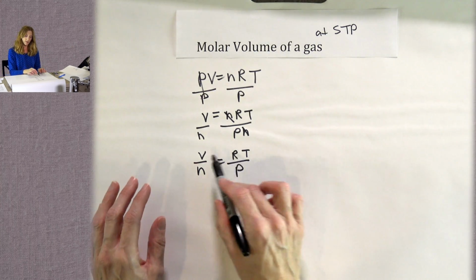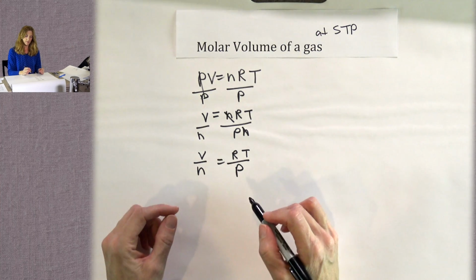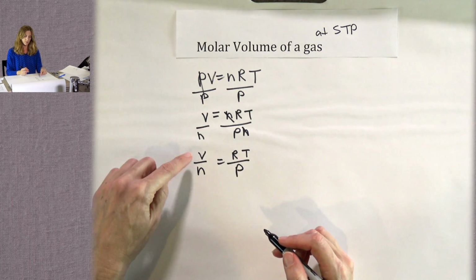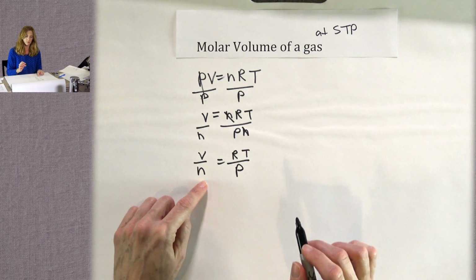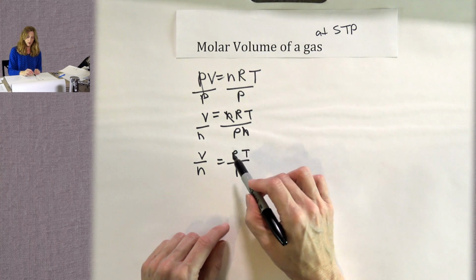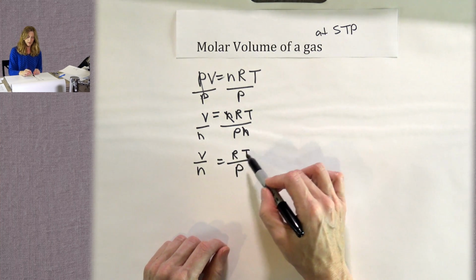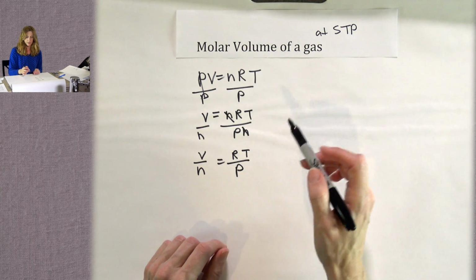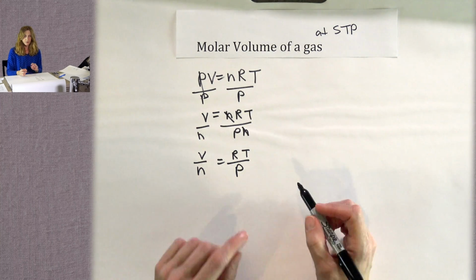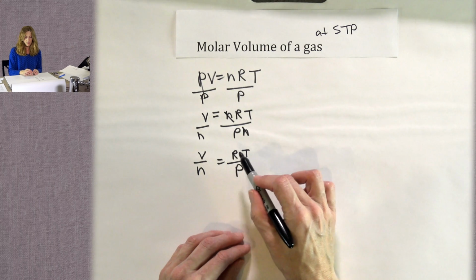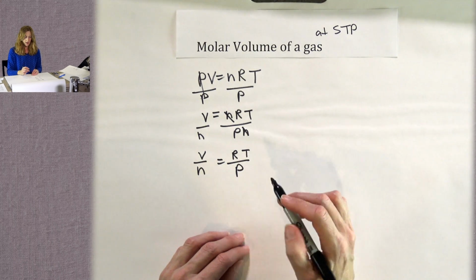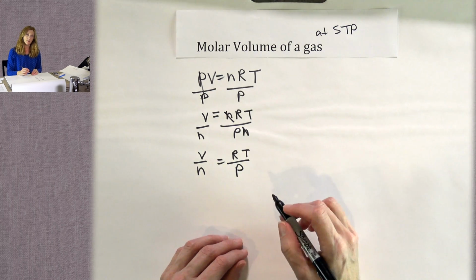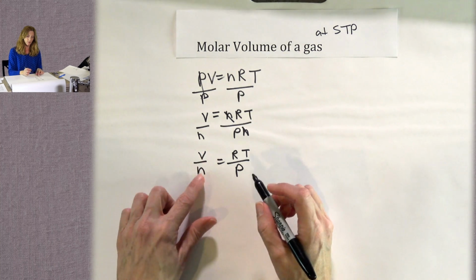So now we've written out the equation that helps us see the relationship between volume and moles of an ideal gas. Now remember, R is a constant, T is a constant at STP, and so is pressure. So we can now plug in the values for R and temperature and pressure and calculate the numerical relationship between volume and moles.